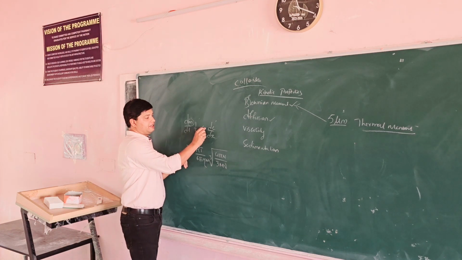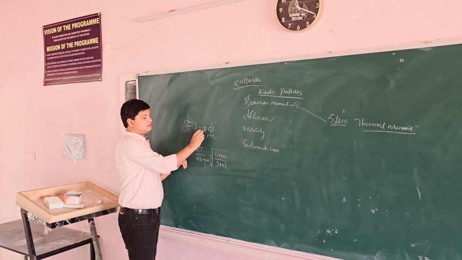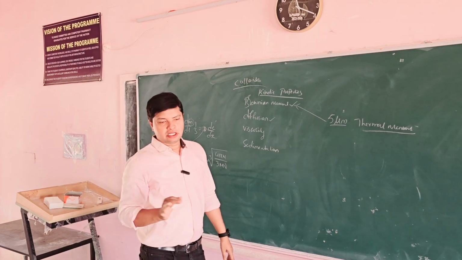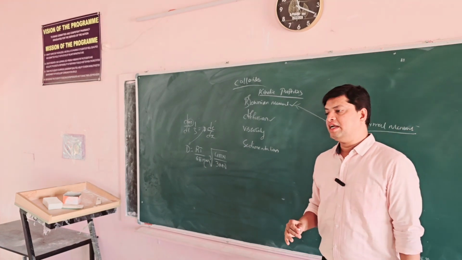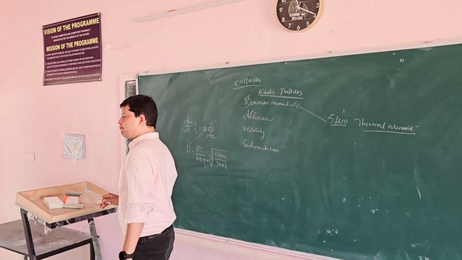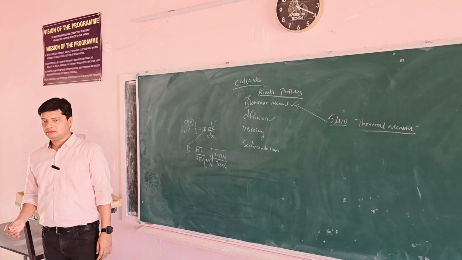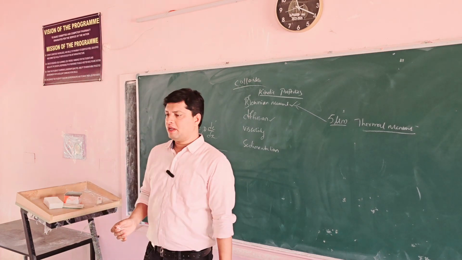The D value is calculated here, and this value is substituted here to calculate the M value. Simple. Through the diffusion property of a colloid you can calculate the molecular weight.